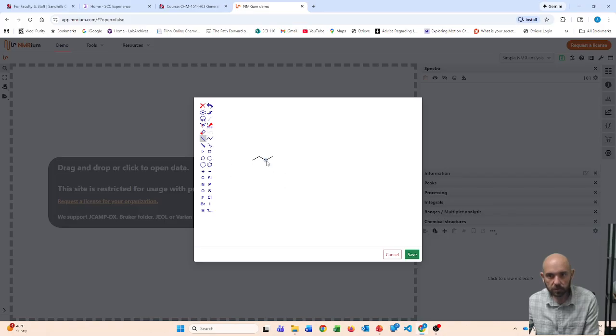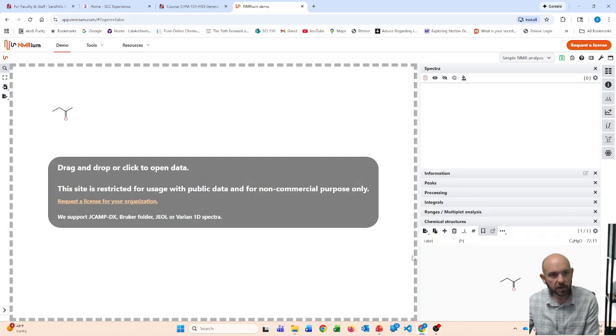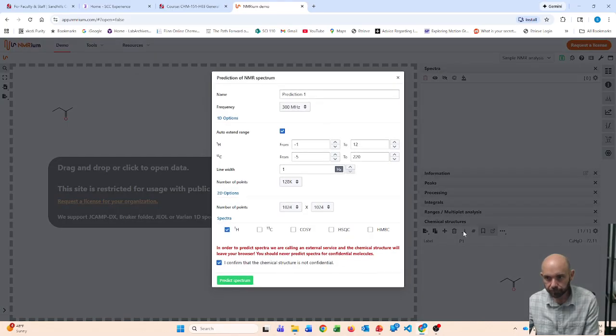I'll start with 2-butanone, which will give us a good structure to evaluate different NMR peaks. I'll click save, and we can use this button here that says predict spectra, and it'll give us some options, and I like to run somewhere between 300 and 500 megahertz.